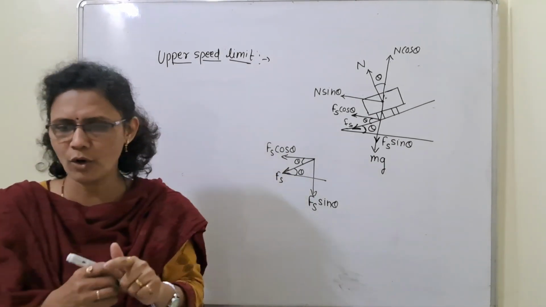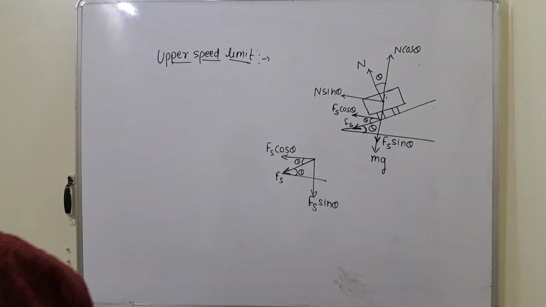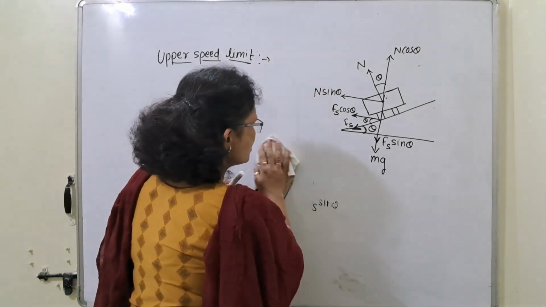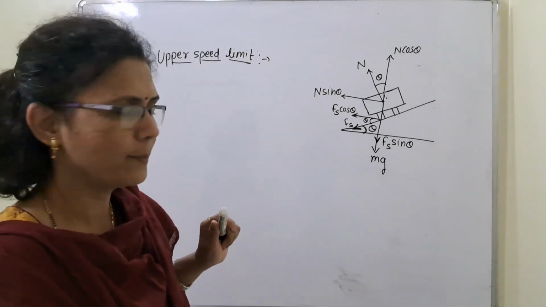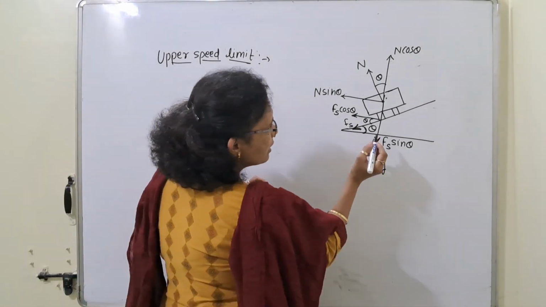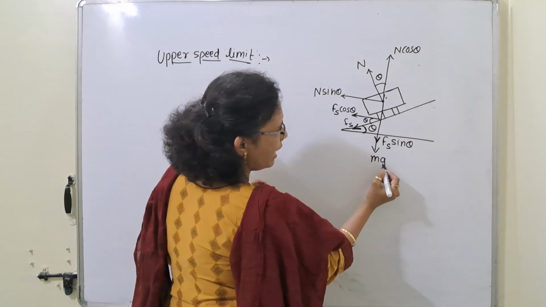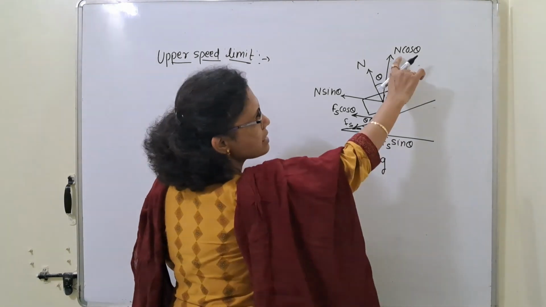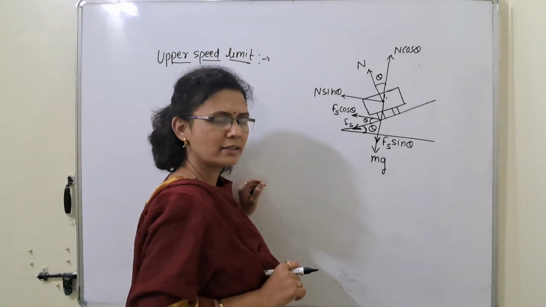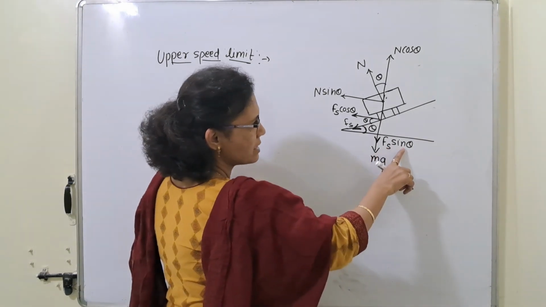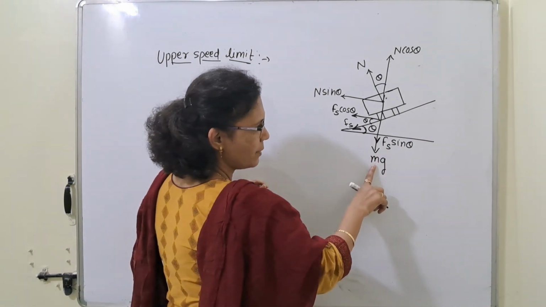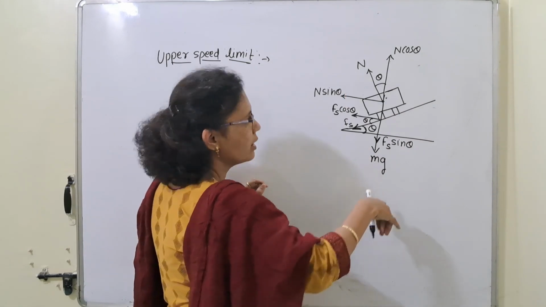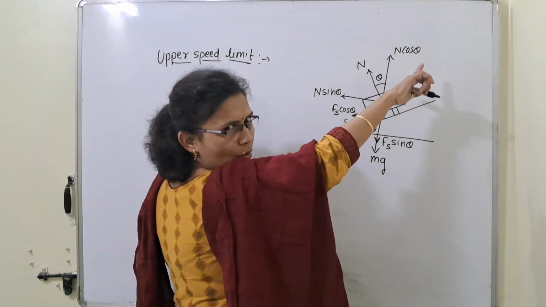Now, if you again observe the diagram, you come to know that this Fs sin theta and mg balance this n cos theta. Correct? This Fs sin theta plus this mg, which are in a downward direction, are balancing this n cos theta.